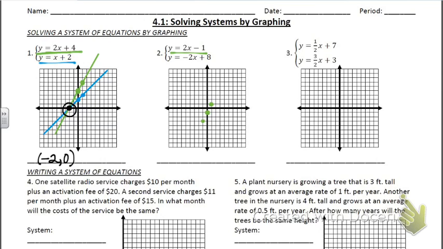Perfect. Okay, so then we would draw a line, and I'm going to try and do this as straight as I can. 2 over 1, up 2. Okay. And then this would be down 2, left 1, down 2, left 1. Okay. So there's the first equation.